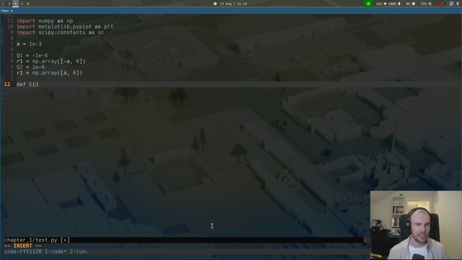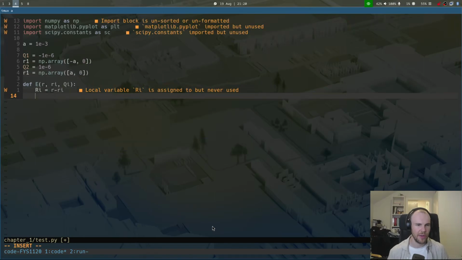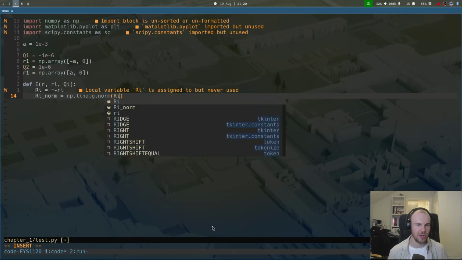You of course need that function. So we need R, like we had, R of i, Q of i, and we need the relative vector Ri, which is just R minus Ri. Then we need Ri normalized, which is np.linalg.norm of Ri.